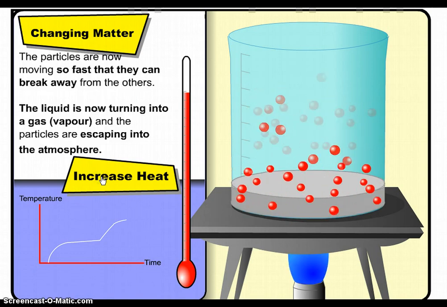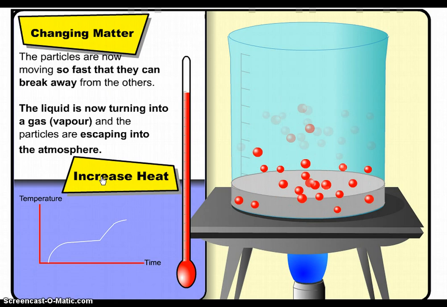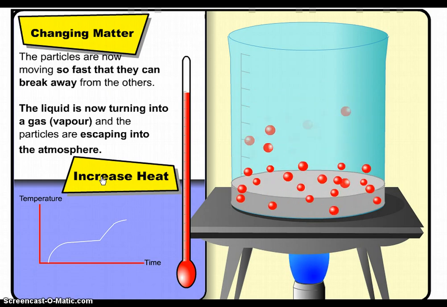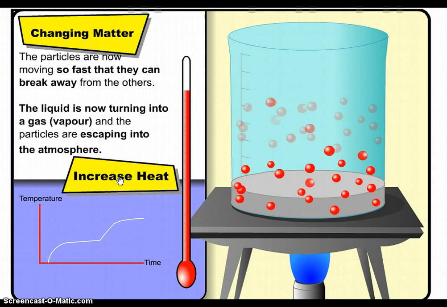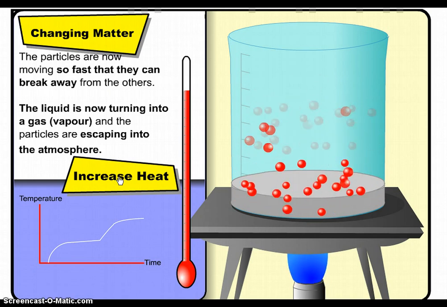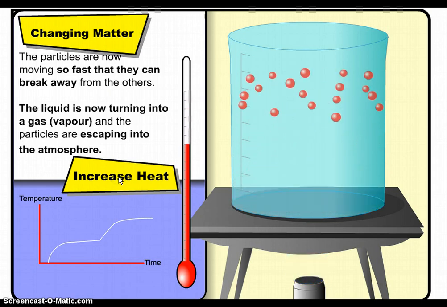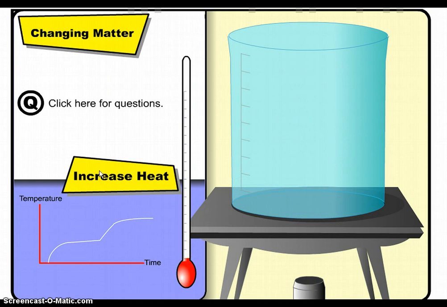So we see the volume of the liquid has decreased because more molecules have entered the gas phase. And finally, all of the molecules have entered into the gas phase.